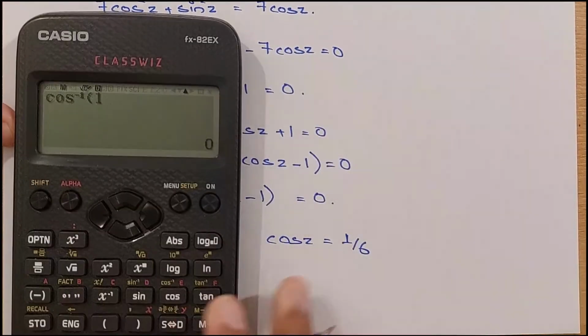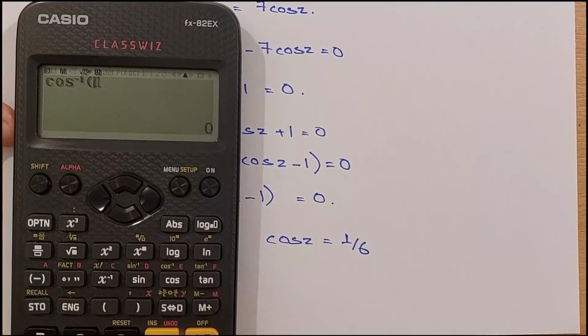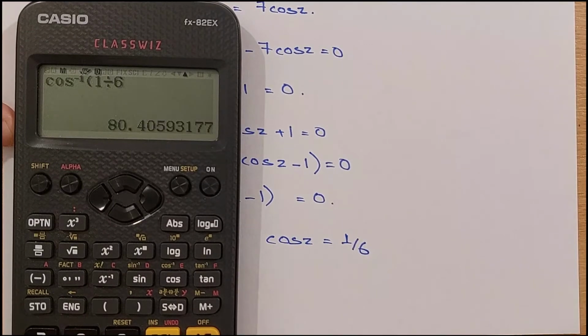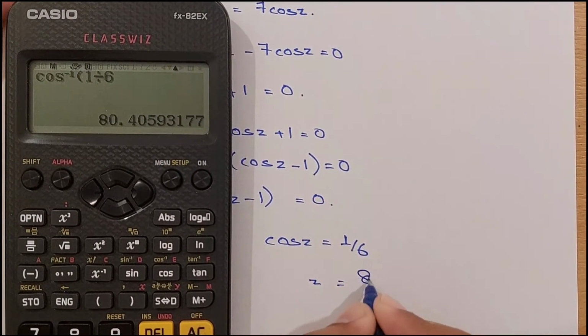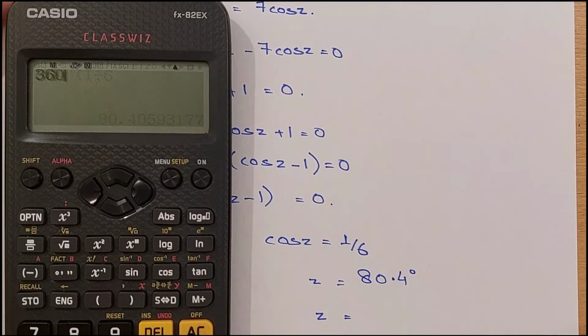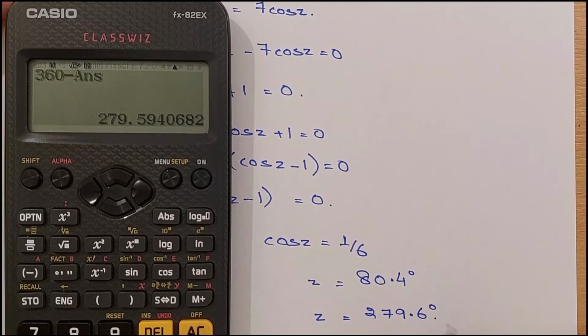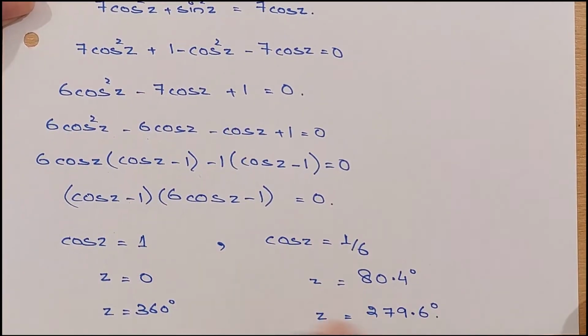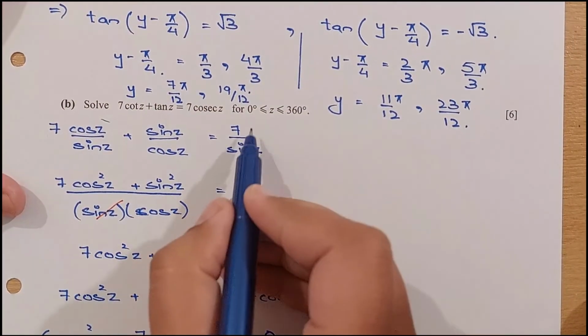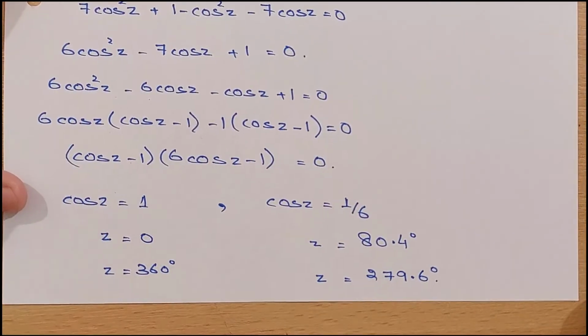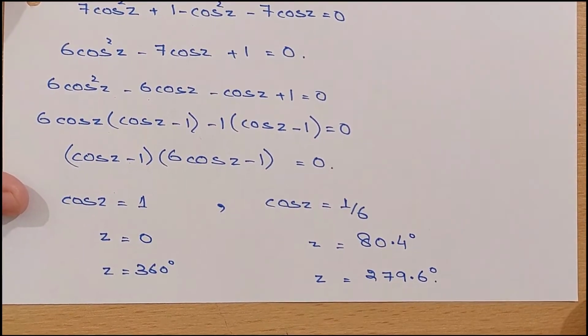Right, and what is cos inverse of 1 by 6? z equals 80.4 degrees, and the other is 360 minus this angle, 279.6 degrees. Right, so these 4 values of z satisfy the domain between 0 to 360 degrees. We have equality at 0 and 360, so we have to use all 4 values.